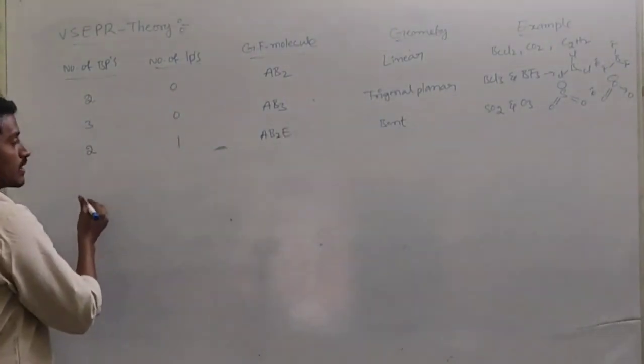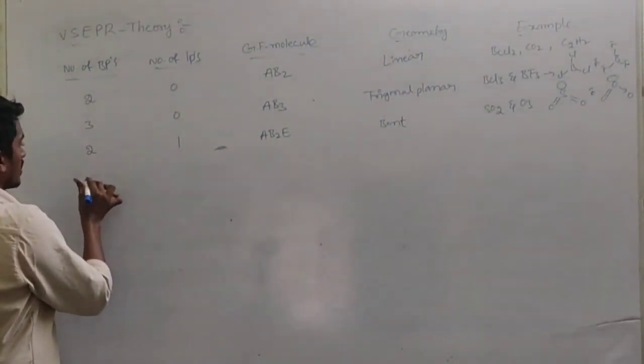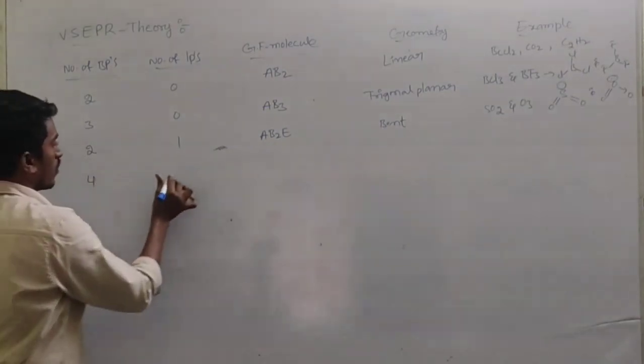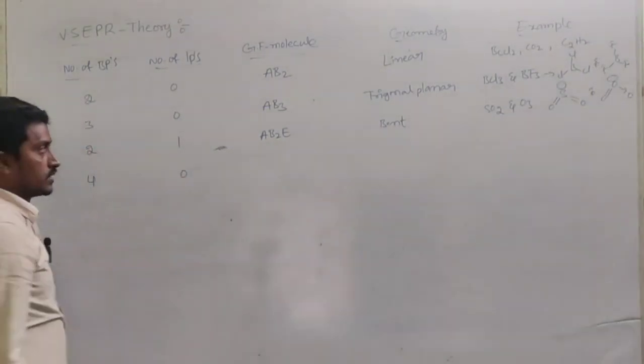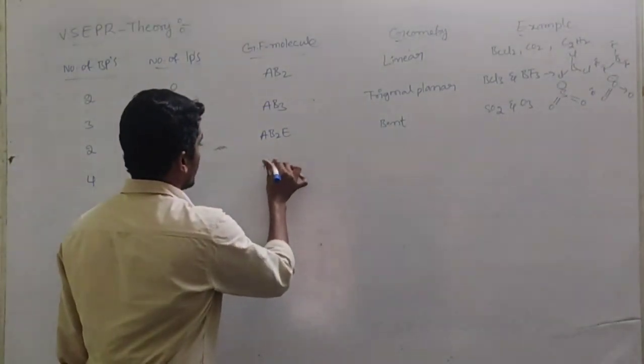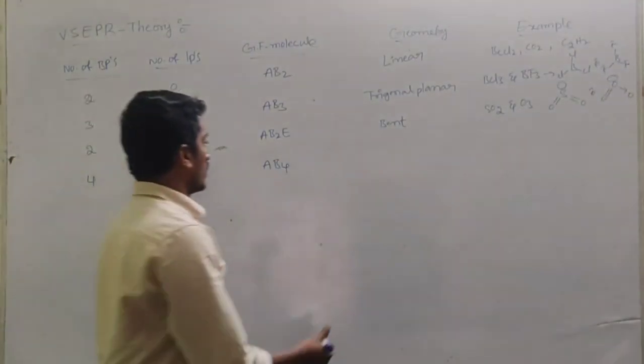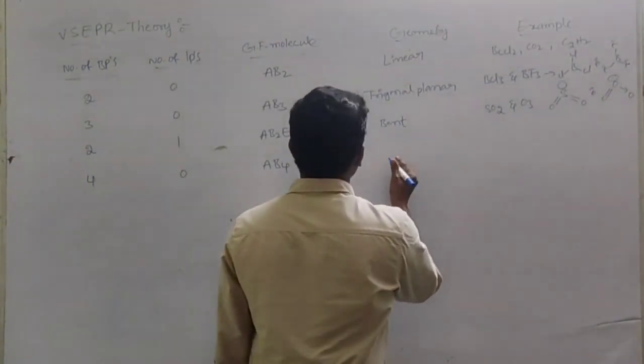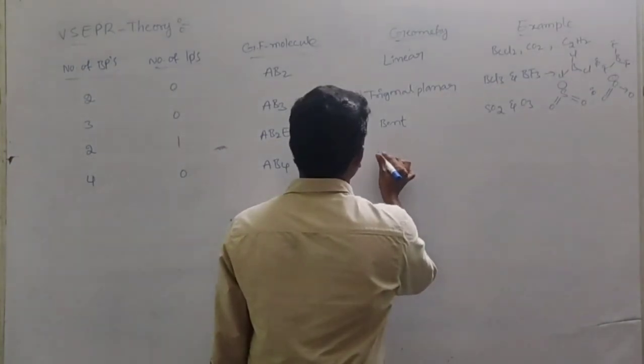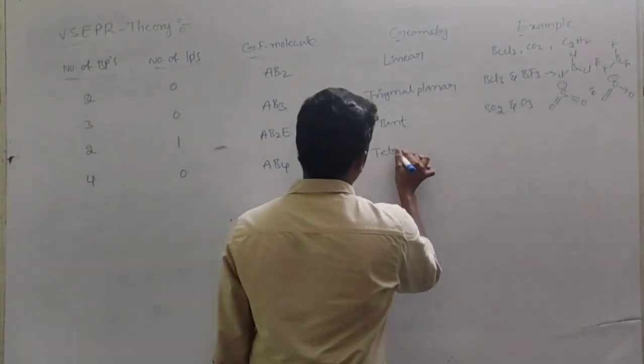So molecule has four bond pairs and zero lone pair. Its general formula AB4. So its geometry is tetrahedral.